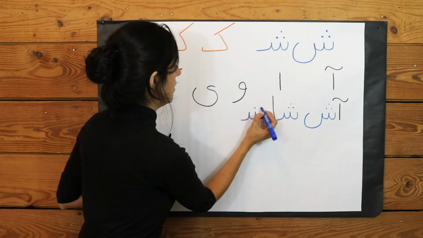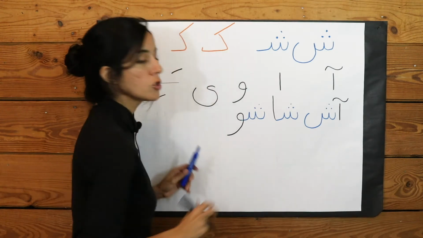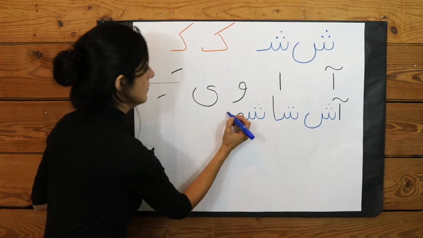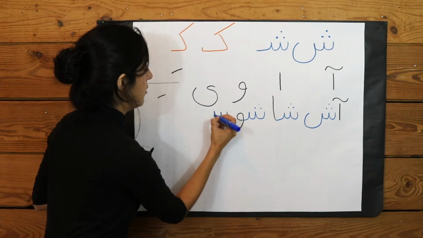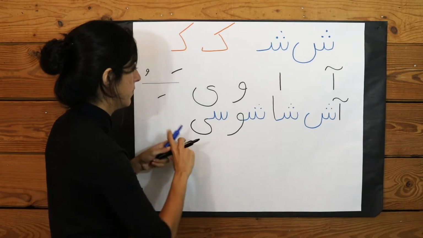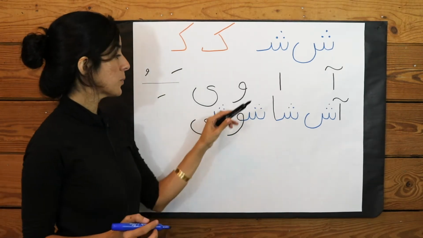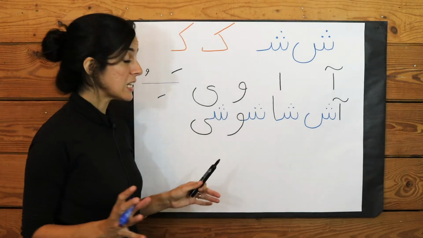A she with an oo afterwards, shu. A she followed by an e, she. And don't forget to put your dots. At first it was just a C, now it's a she.